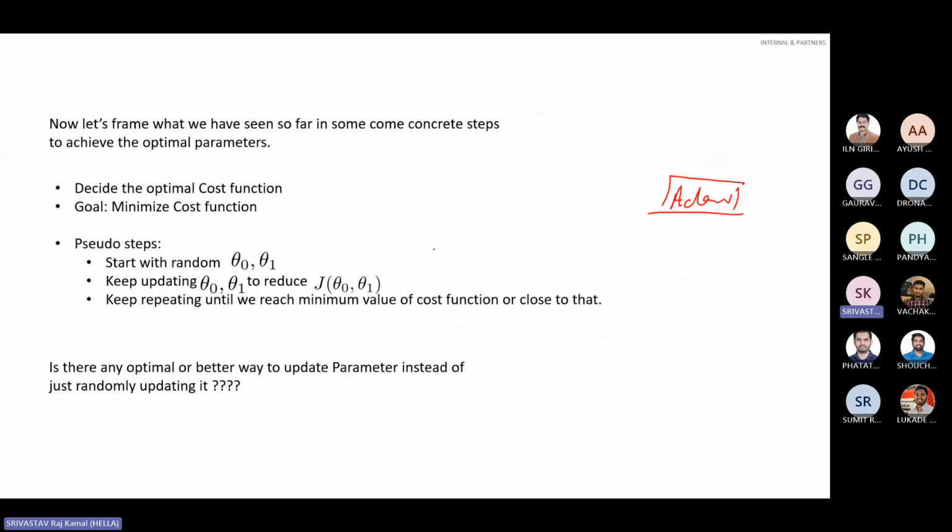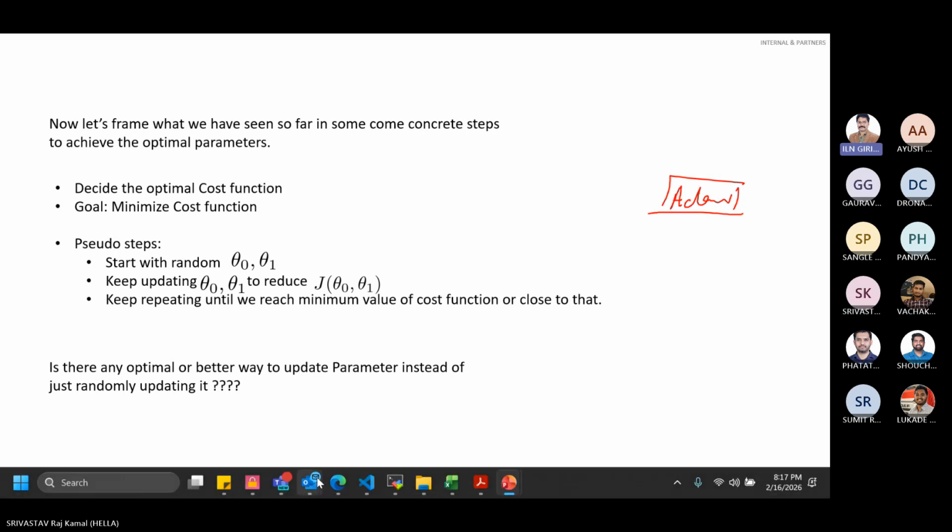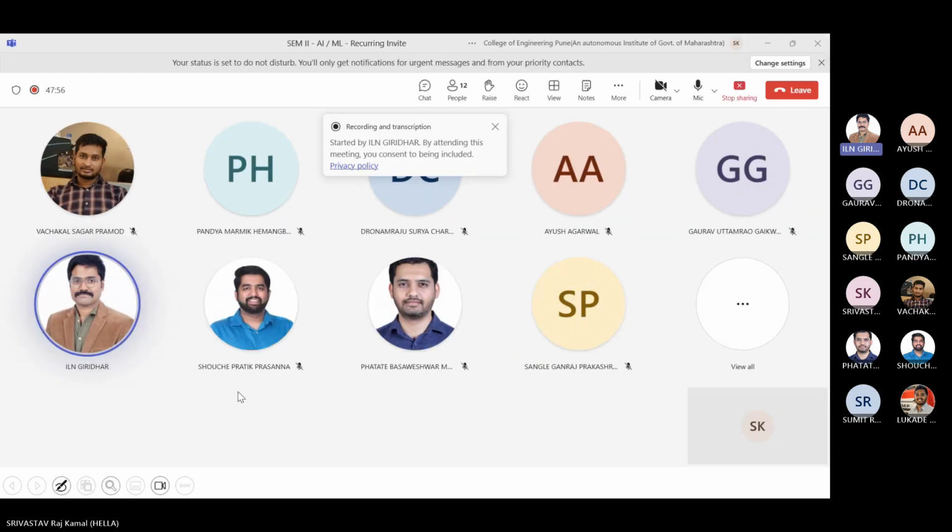What I understood is that I missed some in between, but in general, we are trying to minimize the cost function with the gradient descent algorithm, and the process is like you do some initialization and then reduce the cost function value. Yeah, it's helping me, but I think I'll have to recap once.